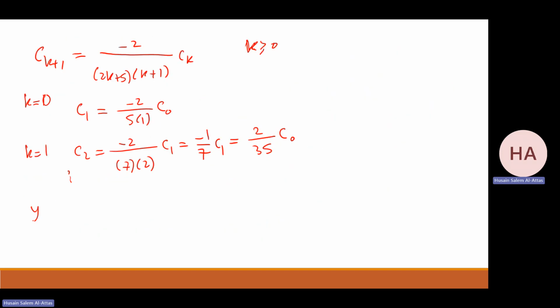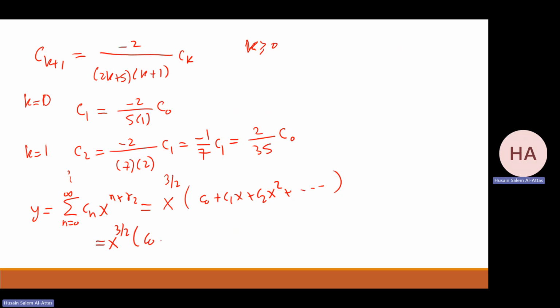So y will be equal summation Cn x to the power n plus r, where I choose r2, not r1, the largest one. So I can take x to the power 3 over 2 as common factor, and then C0, C1 is minus 2 over 5 C0 x, and 2 over 35 C0 x squared, and so on. I can take C0 as common factor. I have 1 minus 2 over 5 x.